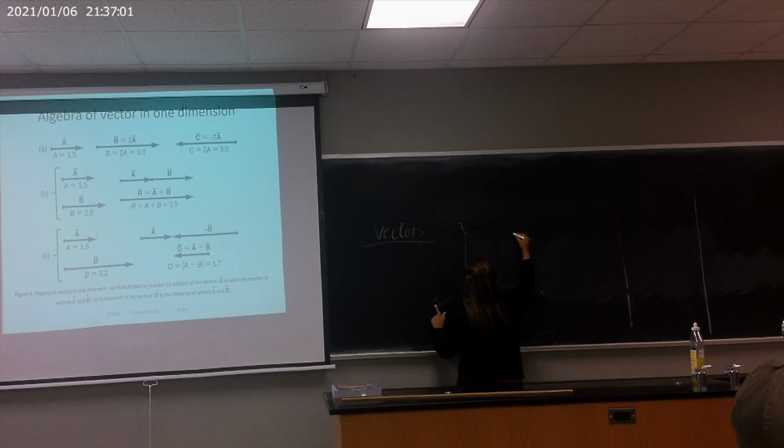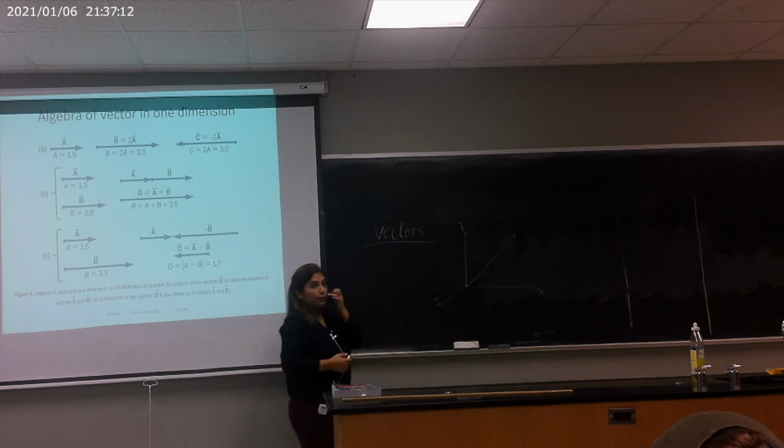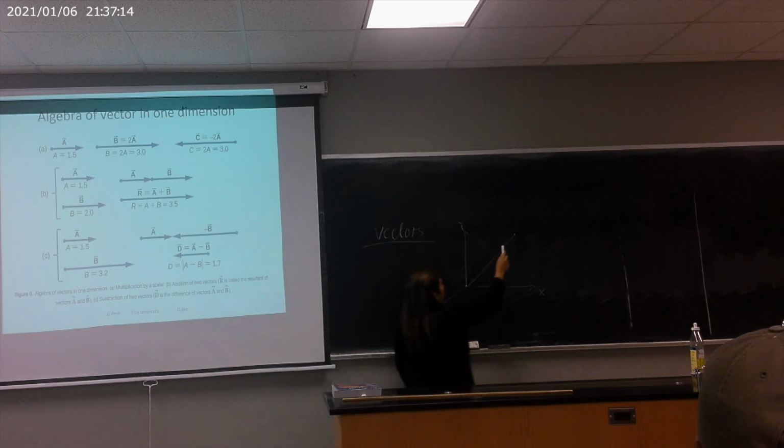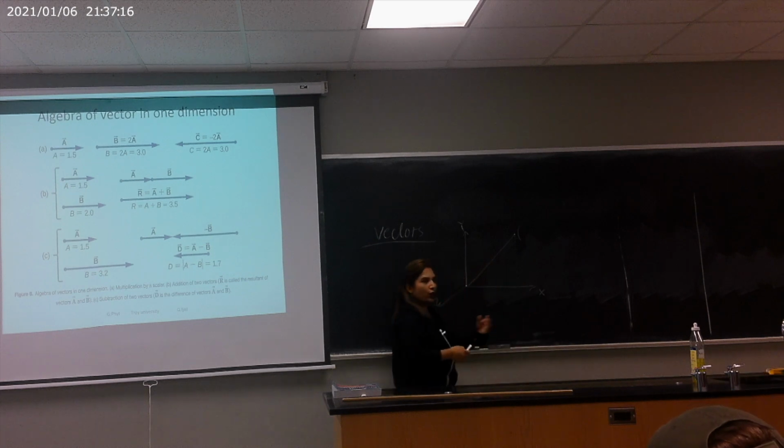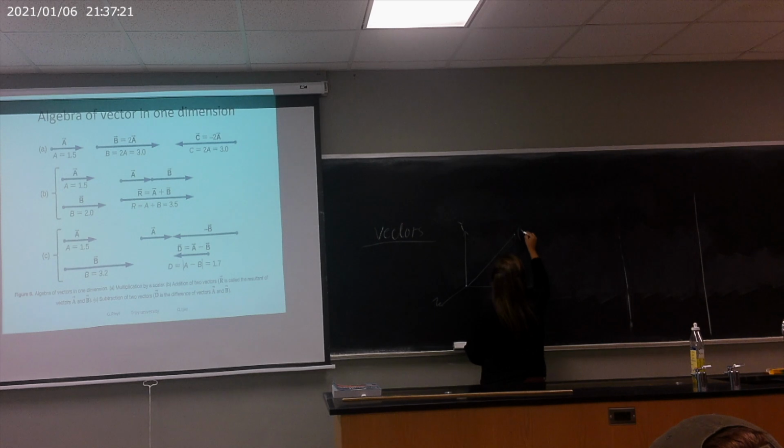Any point in space, if you connect it to the origin, can be represented by a distance on the x-axis, a distance on the y-axis, and a distance on the z-axis. This point, instead of having 2 coordinates, will have 3 coordinates: x, y, and z.